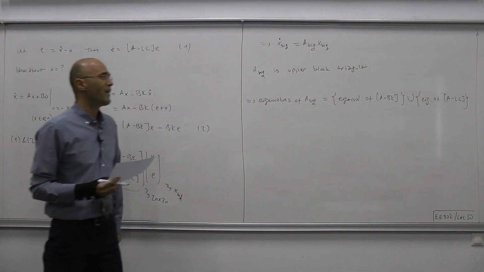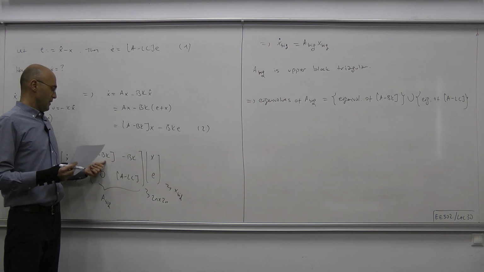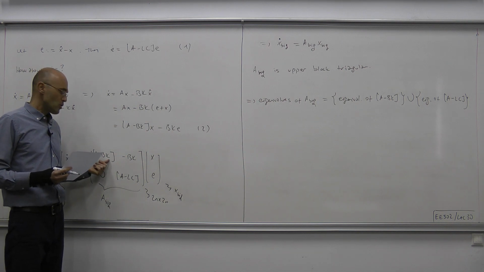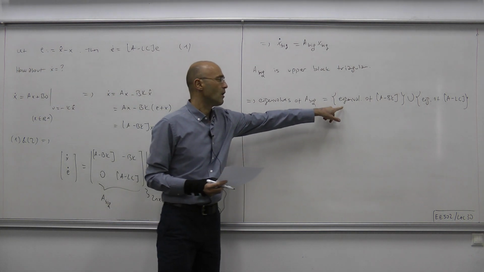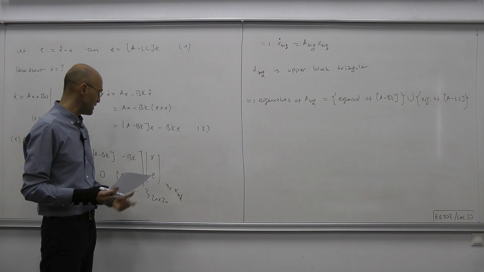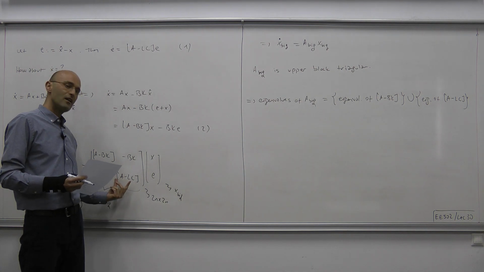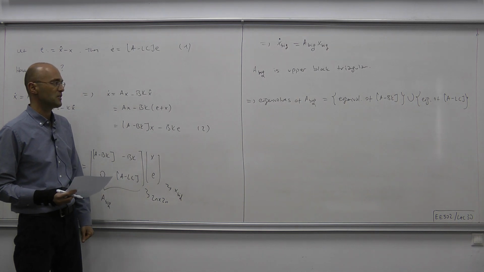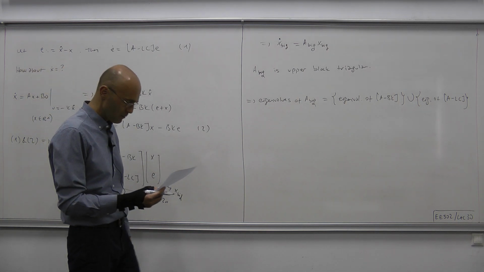Now, what do we know about the eigenvalues of the first block, A minus BK? We have chosen our feedback gain so that A minus BK is exponentially stable, therefore the eigenvalues all have negative real parts. And we did the same thing when choosing L, our observer gain. We chose L such that A minus LC has eigenvalues with strictly negative real parts.